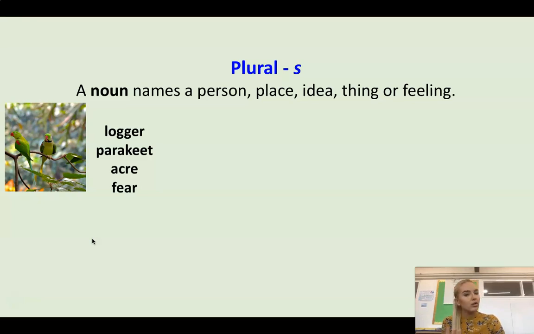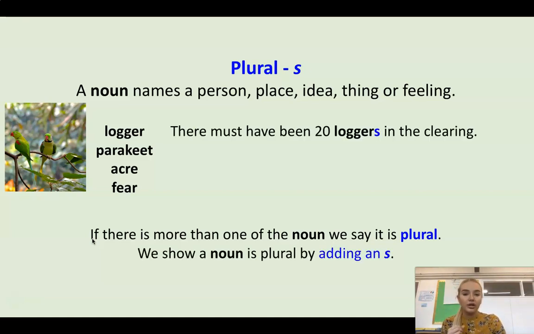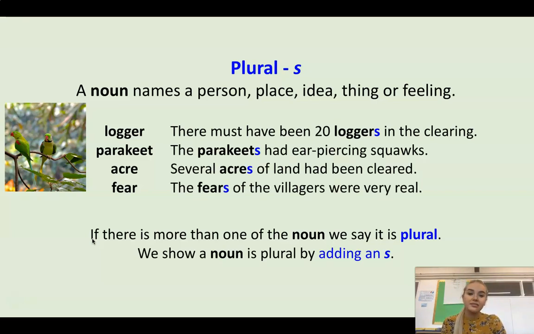Fear, these are all nouns. But if there is more than one of the noun, like with the trees, there were two trees, we say it's plural. So we use that S on the end, but we don't need an apostrophe. So we can have the loggers, the parakeets, the acres, the fears. They all have an extra S because there is more than one. Here we have 20 loggers, but if there's just one, there's no S.